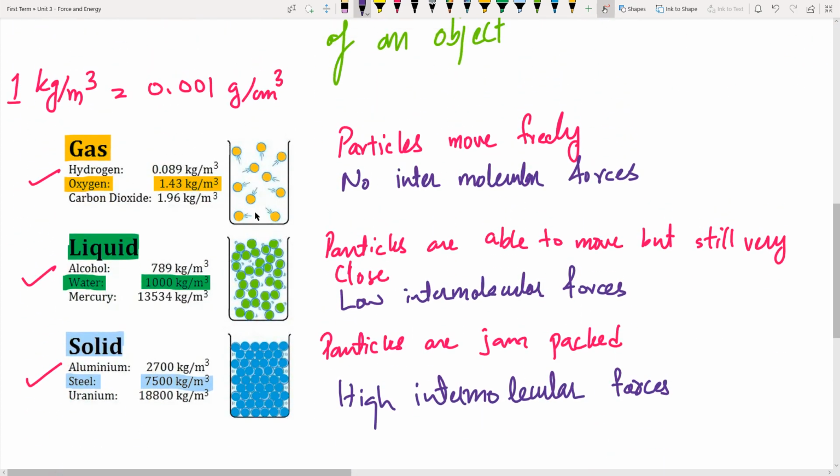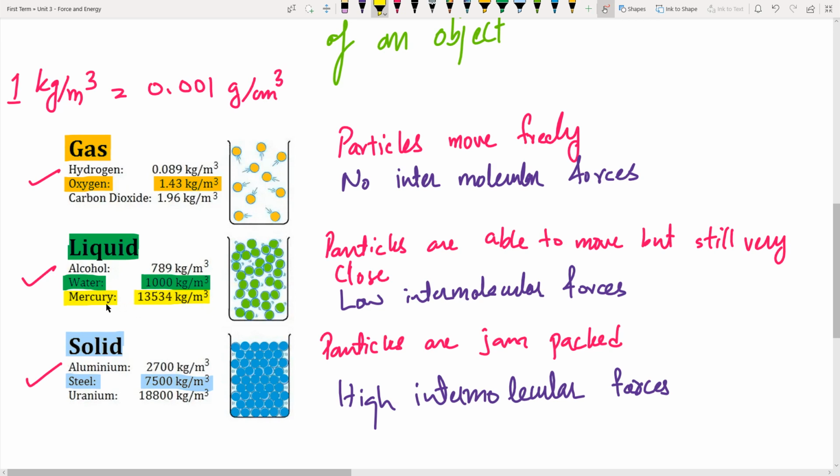Now, as you can see over here, the gases are going to have the least density, then the liquids, and then the solids. Even in liquids, we have a few examples which are a little off the chart. For example, liquid mercury, which is a liquid metal, has a density of 13,534 kilograms per meter cube, or 13.5 grams per centimeter cube, which is 13 times heavier than water.